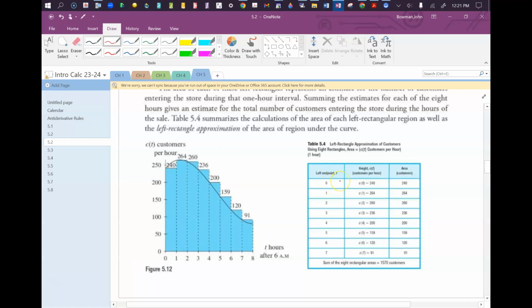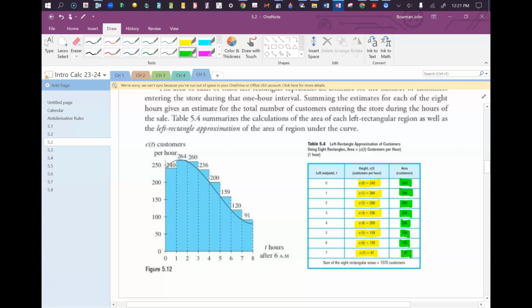And we can basically find that approximation by evaluating the function at the left-hand sides of those rectangles to establish the height, and then multiplying it times the width. And since each of these widths are 1, I'm going to highlight in green, those are the areas of each of those rectangles.